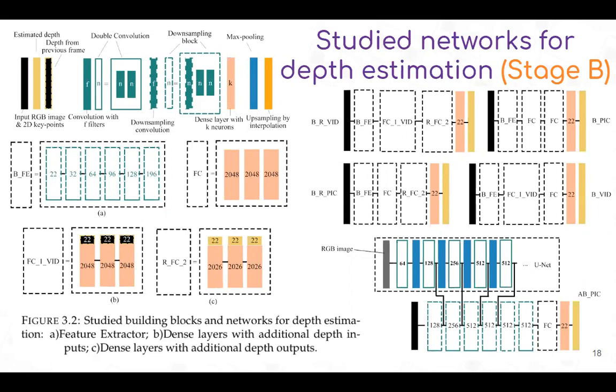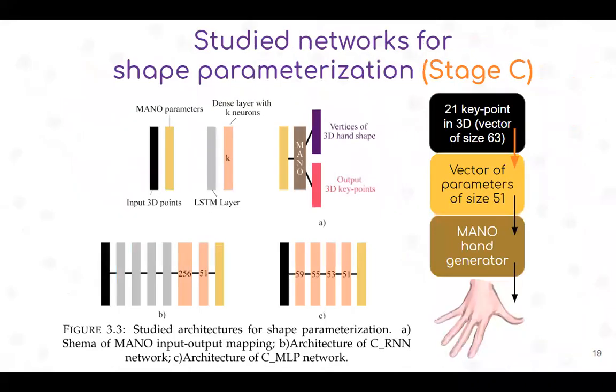And yellow boxes are additional outputs, which is kind of refinement in the case of the set of fully connected layers.